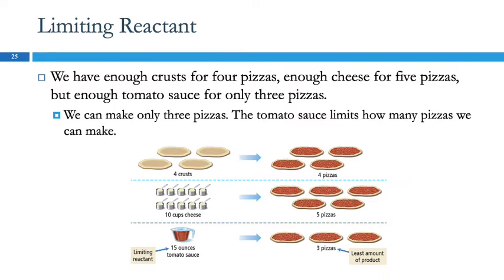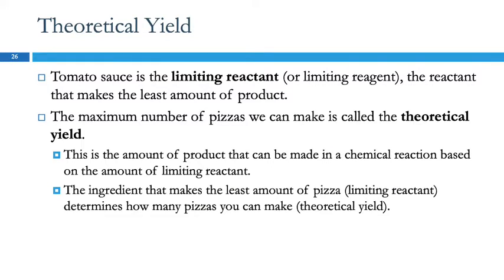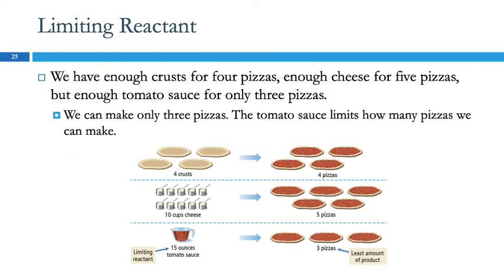The amount of product is whatever is the smallest of those. So we call the tomato sauce the limiting reactant. And the maximum number of pizzas we can make is called the theoretical yield. If we go back to that picture, this is theoretically the most pizzas we could make.